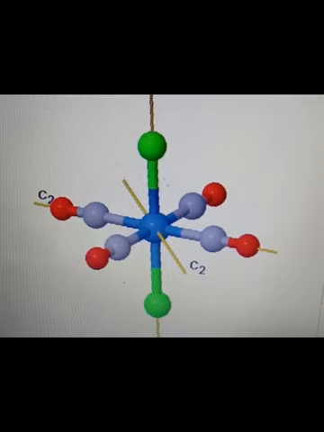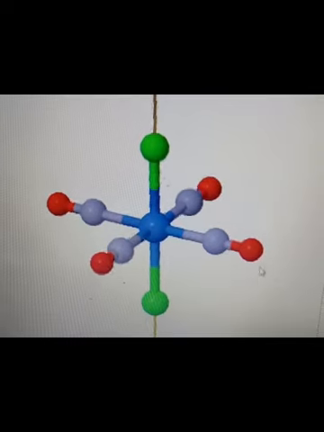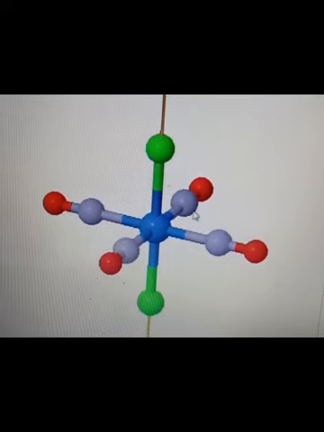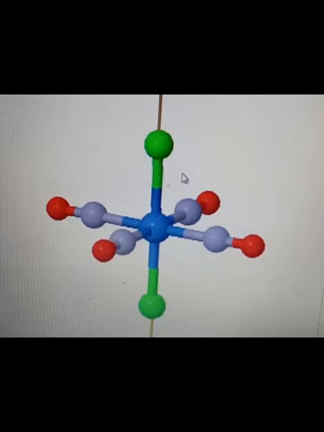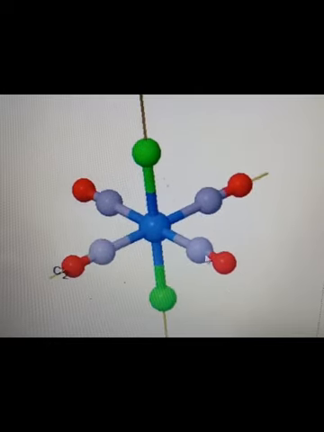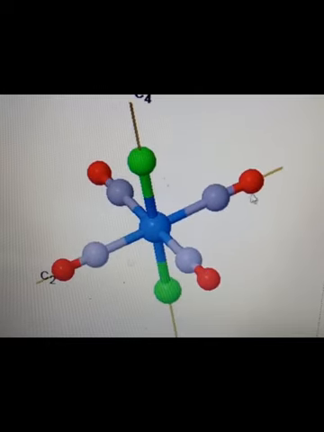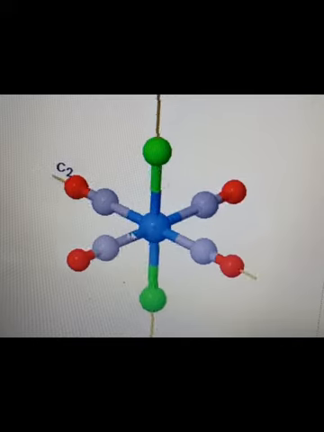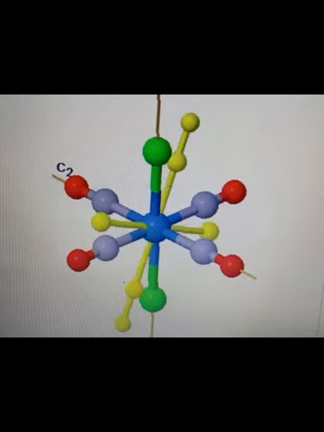Now let us look at those C2s. First C2, which is passing through the carbonyl, osmium, and carbonyl. Along this axis rotation takes place. Second C2, along again carbonyl, osmium, and carbonyl, again rotation takes place.